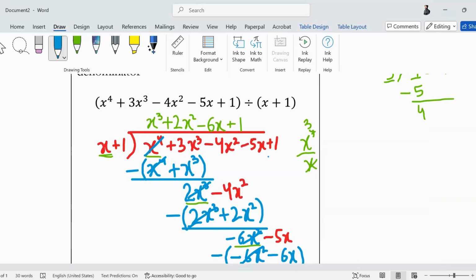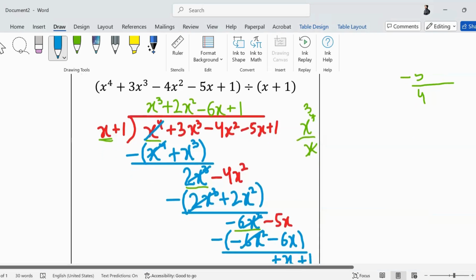A factor is a number that completely divides into another number. Is that right? Like 2 is a factor of 10, 5 is a factor of 10. So x plus 1 is a factor of the polynomial. Is this clear?